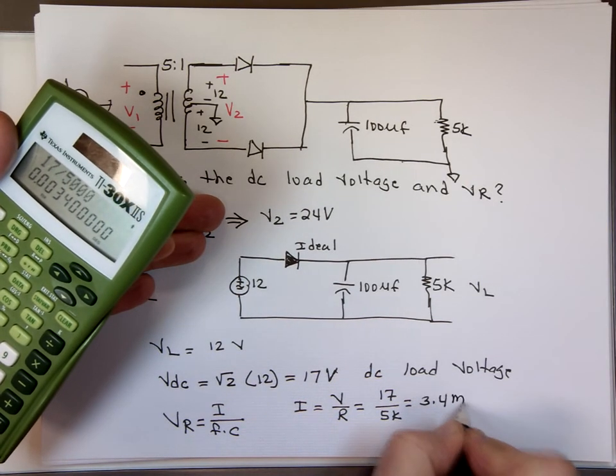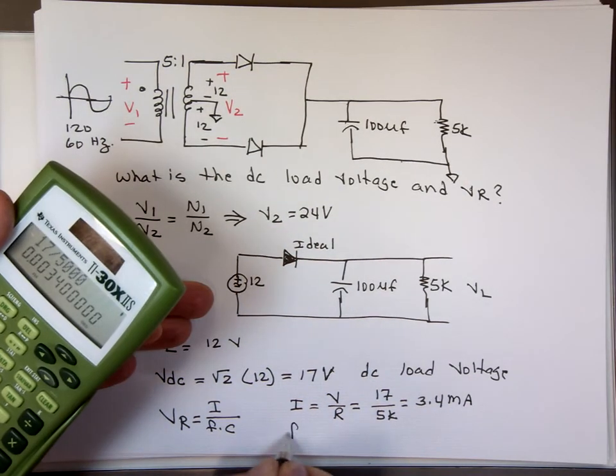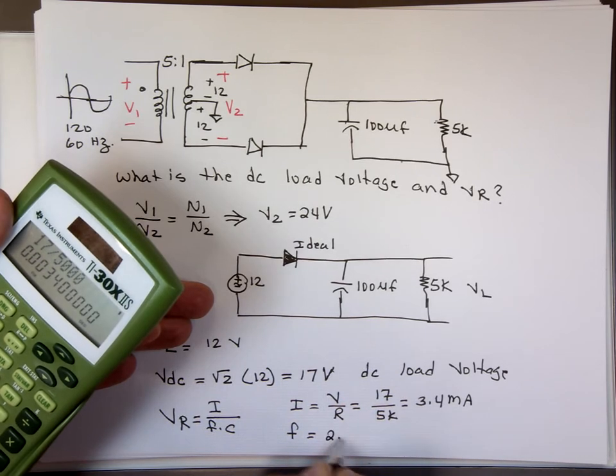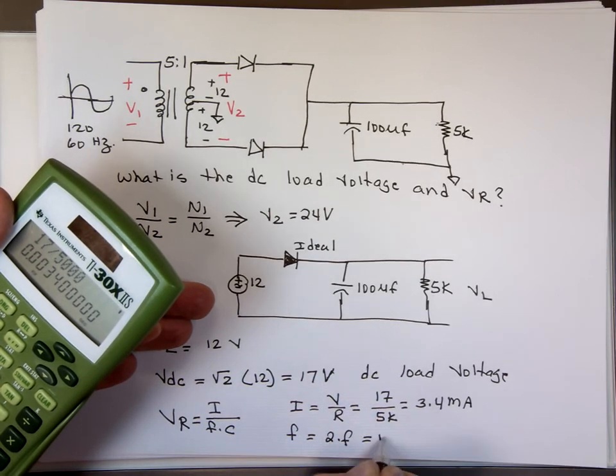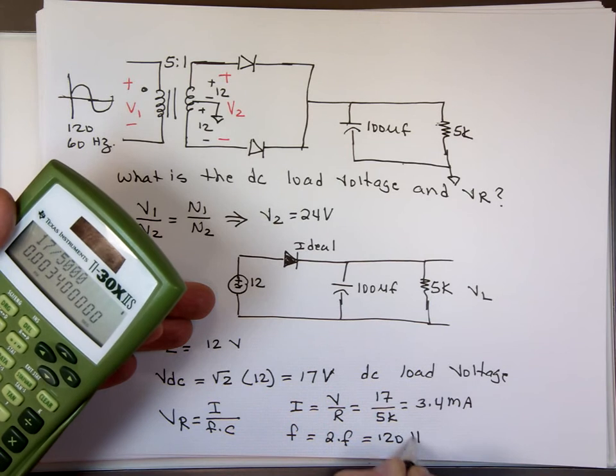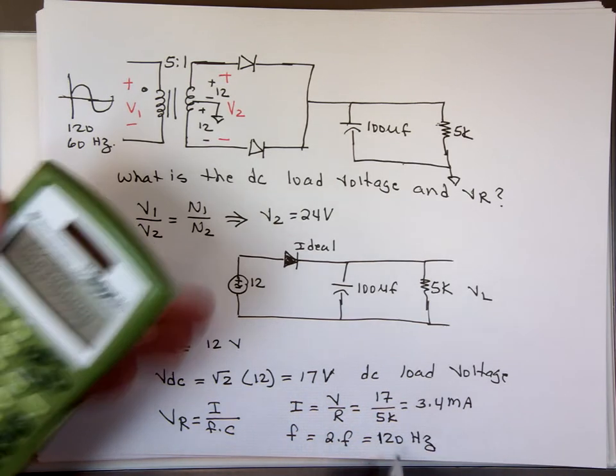And the frequency here is twice the frequency, 2 times F, which is 120 hertz. For a full wave rectifier, the frequency is twice the frequency.